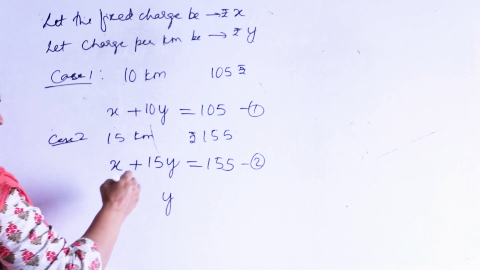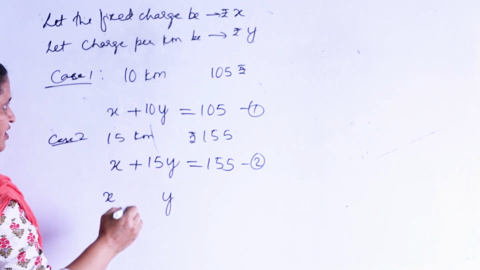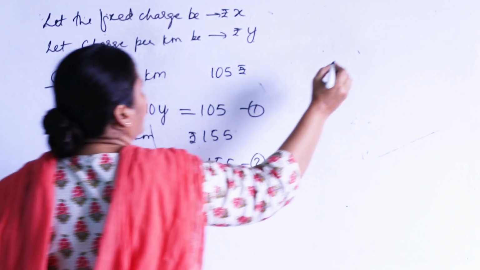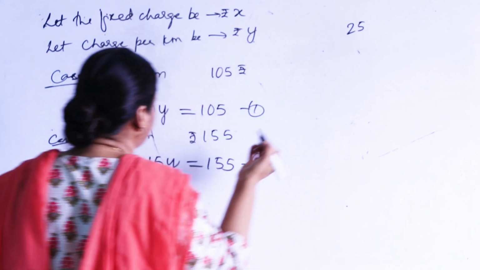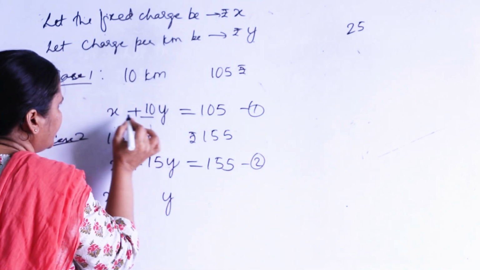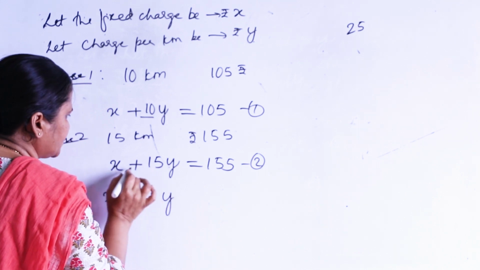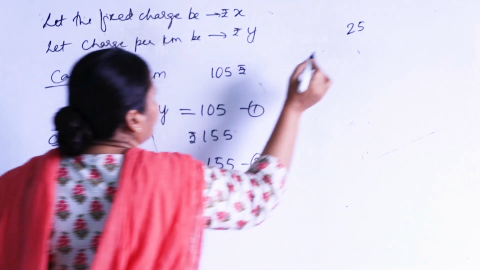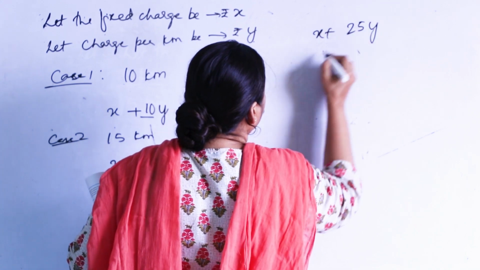And you are supposed to find the total cost for traveling 25 kilometers. See? 10 kilometers, X plus 10Y. 15 kilometers, X plus 15Y. 25 kilometers, X plus 25Y.